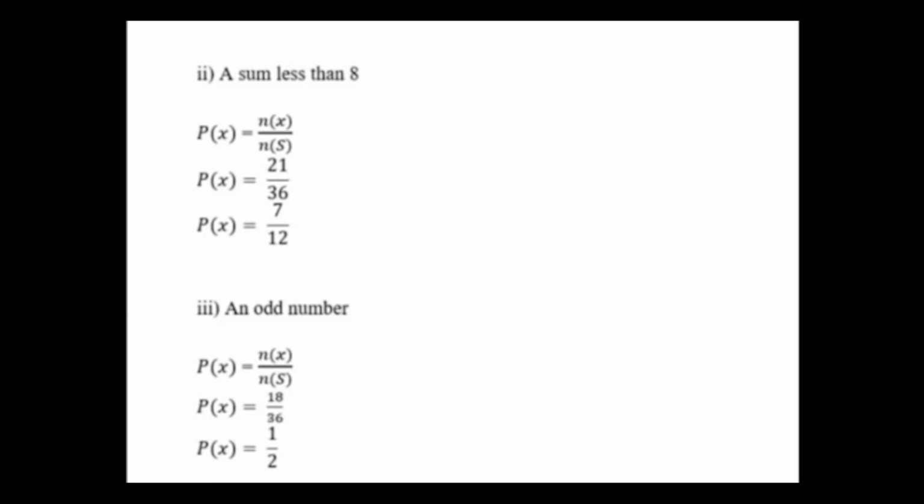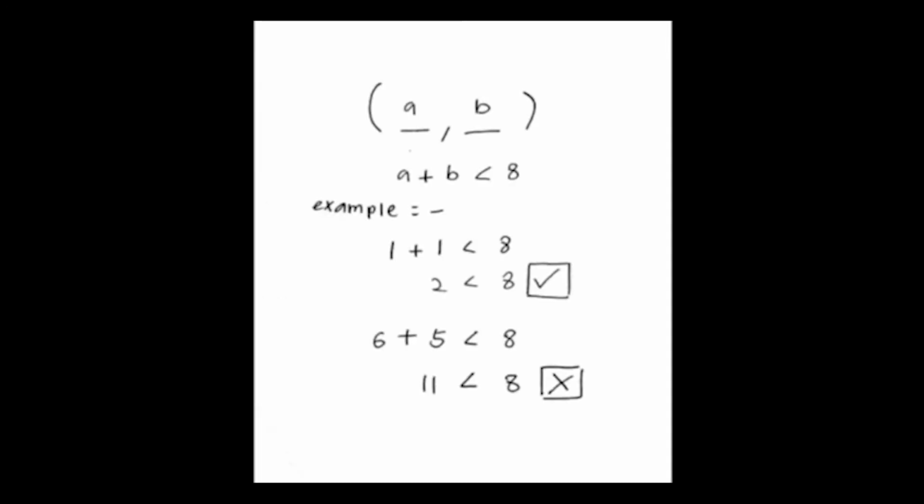B2. A sum less than 8. A sum less than 8 means the sum of A plus B must be less than 8. For example, A equals 1 and B equals 1. So 1 plus 1 is 2, which is less than 8, so this is right. Another example where A equals 6 and B equals 5, which is 6 plus 5 equals 11, and 11 is not less than 8, so it is wrong.